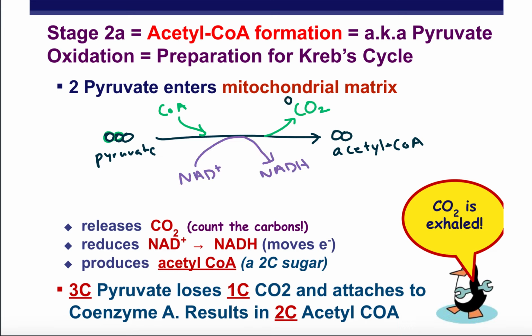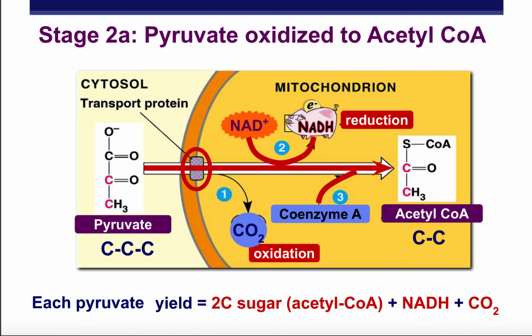And a little bit of energy needs to be released. And in this case, we're going to get some NADH. So this is the overall reaction of acetyl-CoA formation that you should be able to track. And this process is also going to help it move into the inside of the mitochondrial matrix.